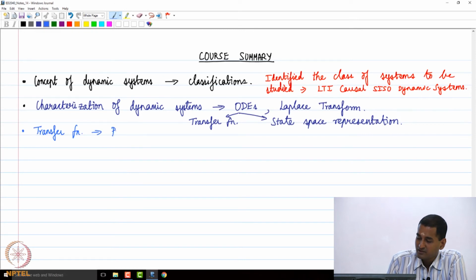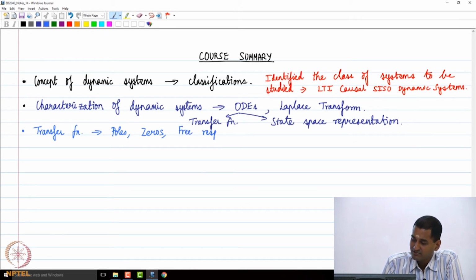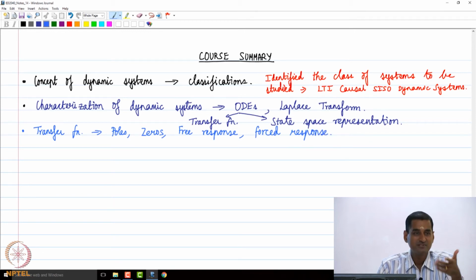Then what did we do? We learned about poles, zeros. And then we also used the Laplace transform to look at free response and forced response, and we learned that the transfer function is typically used to characterize the forced response. Free response is essentially removed because the initial conditions are taken to be 0. But is that a viable approach? Because in reality we may have a non-zero initial condition.